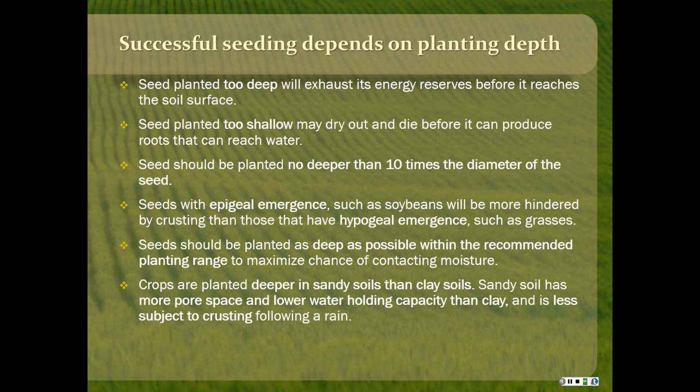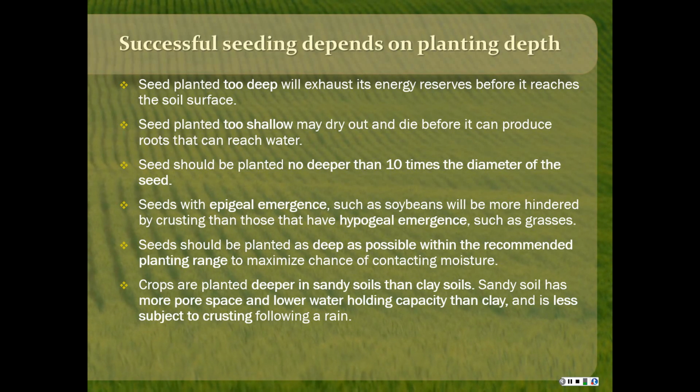So the general rule of thumb is that seed should be planted no deeper than 10 times the diameter of the seed. Seeds with epigeal emergence, that's when the growing point emerges between the cotyledons, like soybeans, will be more hindered by soil crusting than those that have hypogeal emergence, like grasses, because in those cases the growing point is still below the ground.